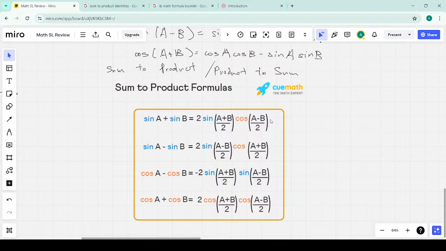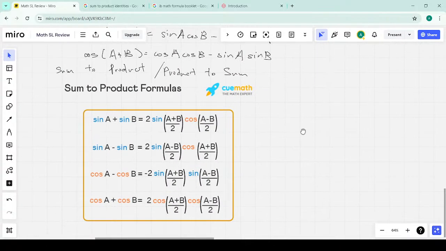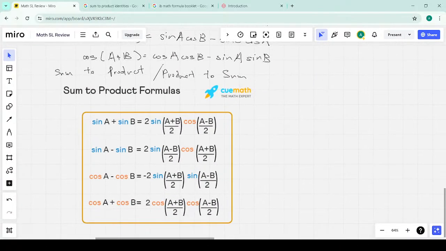I wouldn't say it's something that you have to know, but it's definitely good to know. The derivation isn't too difficult, but I can go over that on another day.